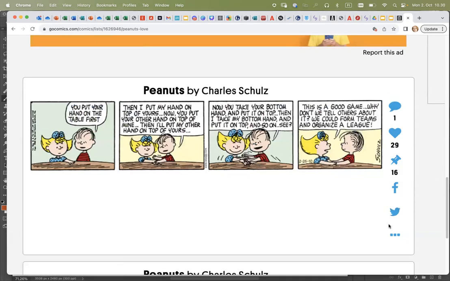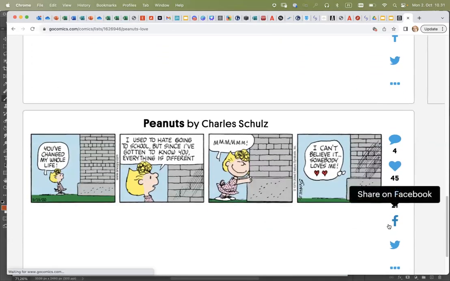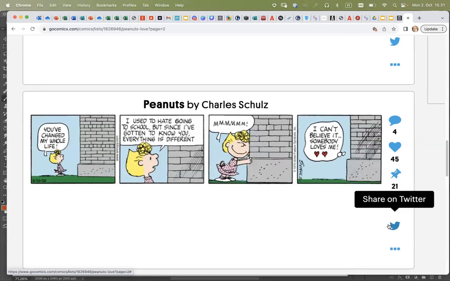Okay, here we have Sally and Linus, and this is how their relationship starts. And Sally has also other kinds of love interests. She's also in love with the school building. And this is actually not so one-sided.